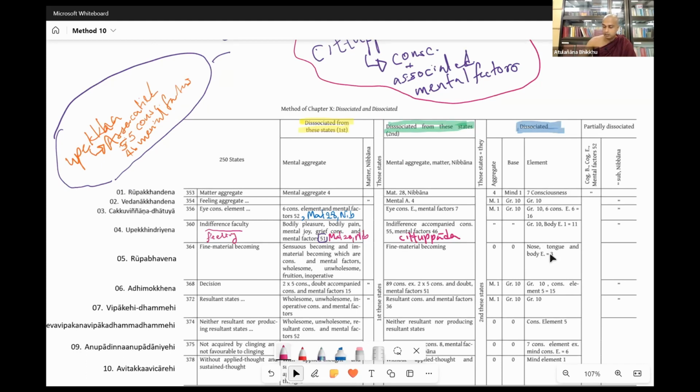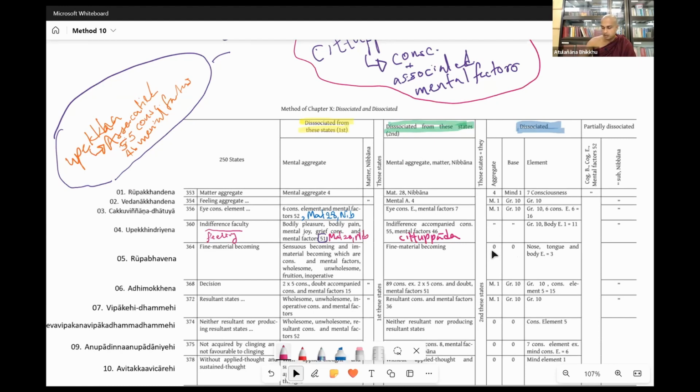So that's why it's considered only 3. Right. So in fine material becoming, there are types of rupa, right? So that's why we don't find the aggregates or bases as disassociated. If any rupa was not here in the fine material becoming, then there should be one aggregate and 10 bases, etc., right?